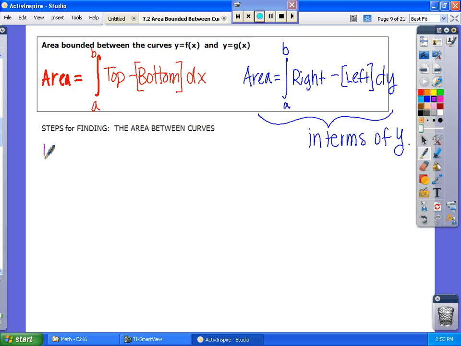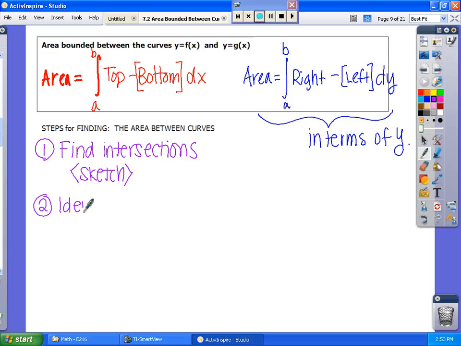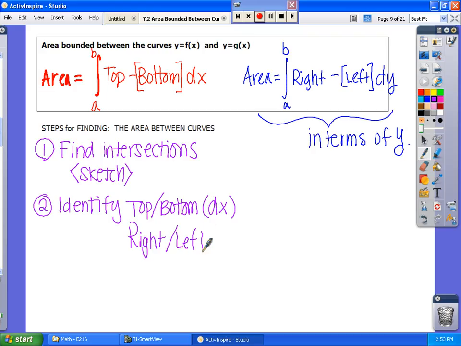If you're doing it by hand, the first step is to find intersections. And if you need a little bit of help, maybe a sketch, if it doesn't take too long, can be really helpful. Second step is to identify top and bottom functions if you're doing a dx problem, and then right and left functions if you're doing a dy problem.